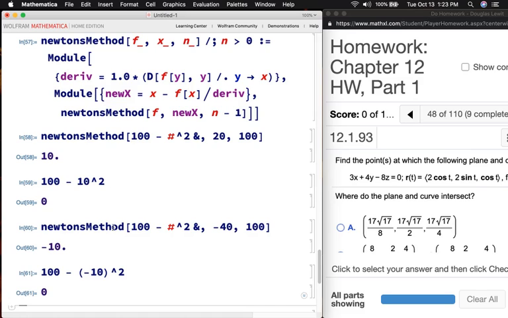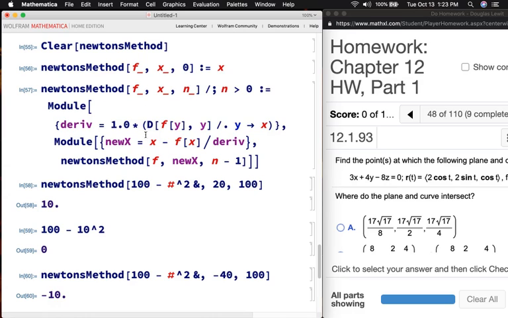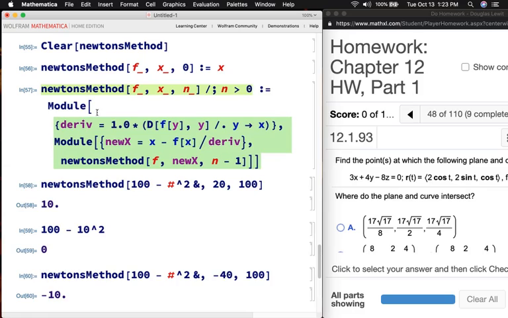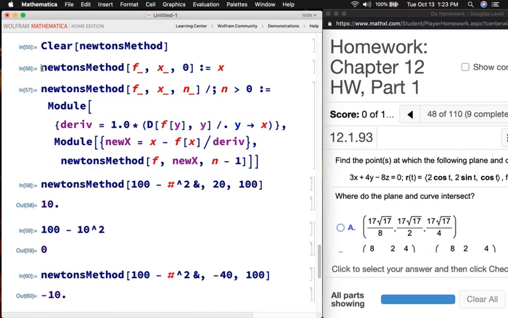So Newton's method is simply a way to find the root of an equation. And this is how you would define it in Mathematica. It really requires two function definitions.